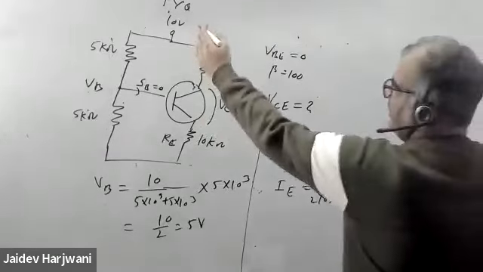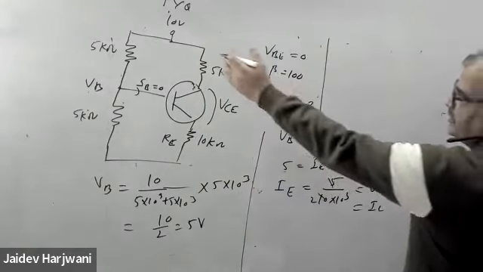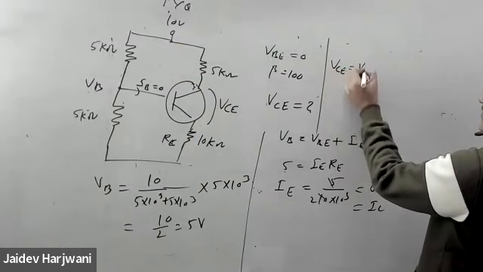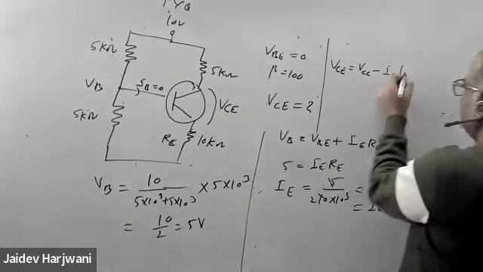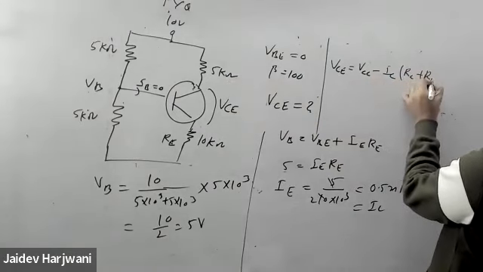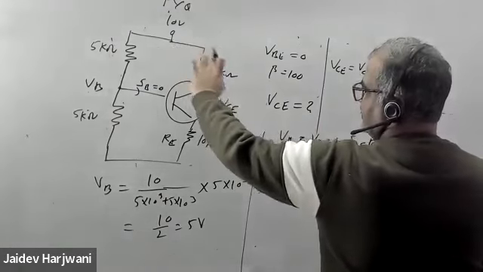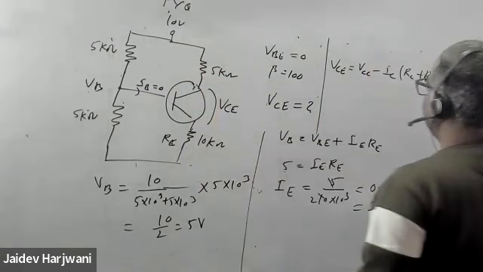Now you can write this loop. In this loop, you want VCE. So VCE is VCC minus IC RC plus RE, isn't it? In this equation we have VCC, IC RC, VCE, IE RE, taking IE and IC equal.